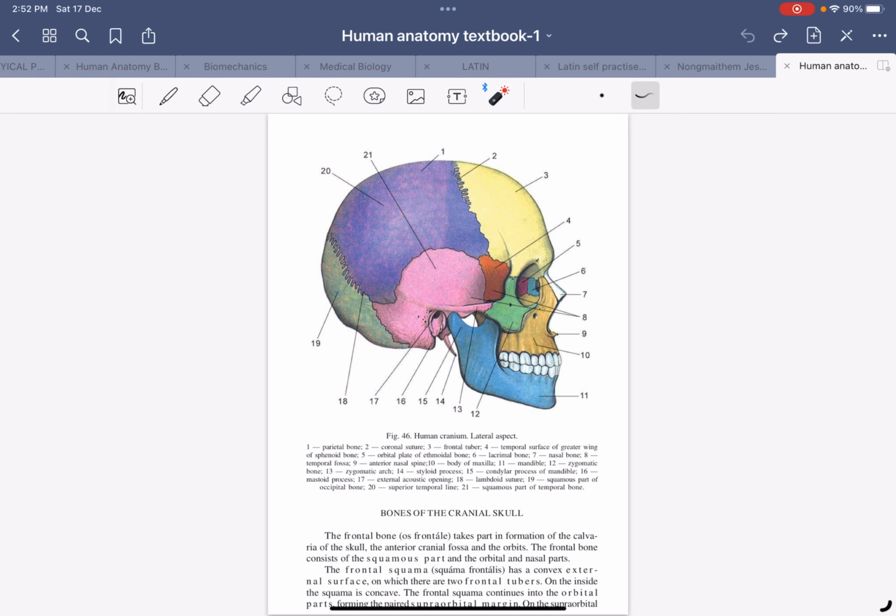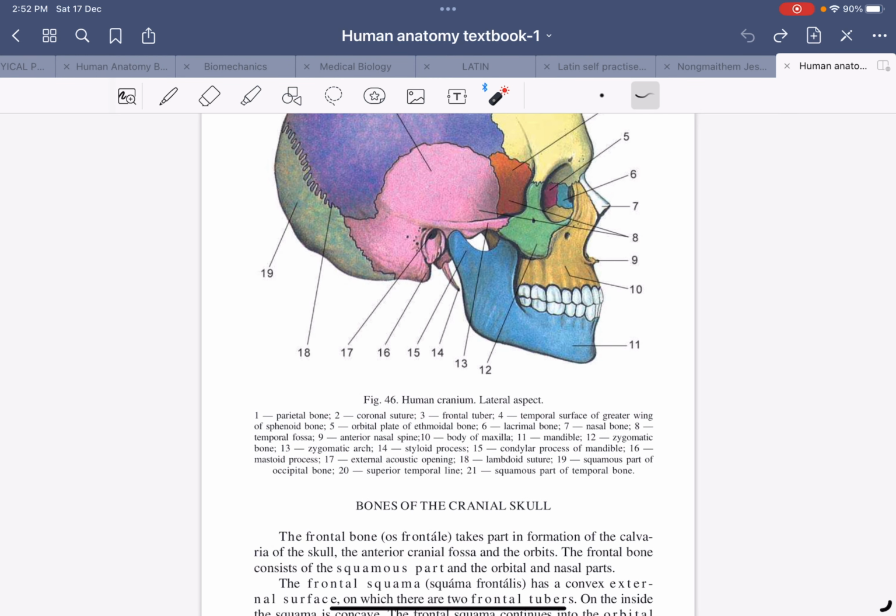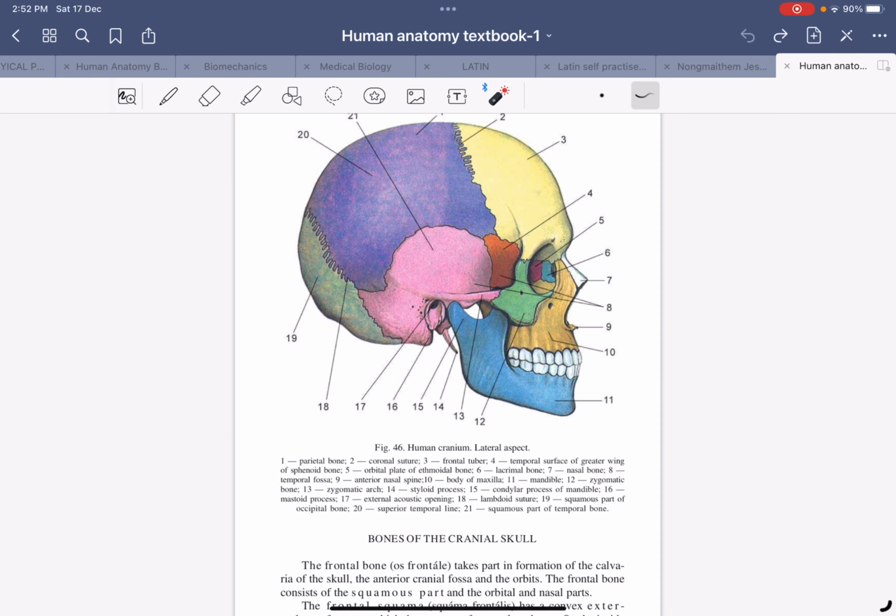Then let me label this for you. As we know before, this part is frontal, and this part is parietal, occipital, and temporal, and then we will discuss it in a little more detail here.